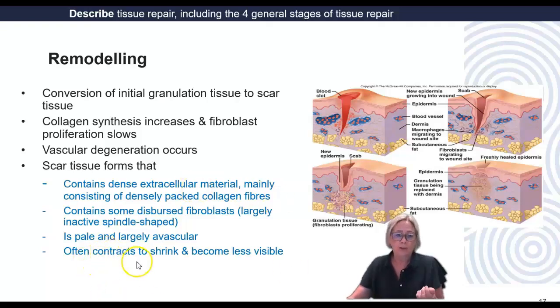And it then often contracts to shrink and become less visible over time. As it contracts, it pulls on the edges of the wound, pulling it together, which is a good thing. But sometimes this happens too well, and that can then result in further restriction of movement and also pain.